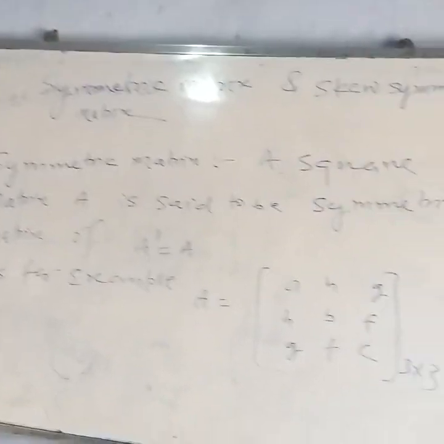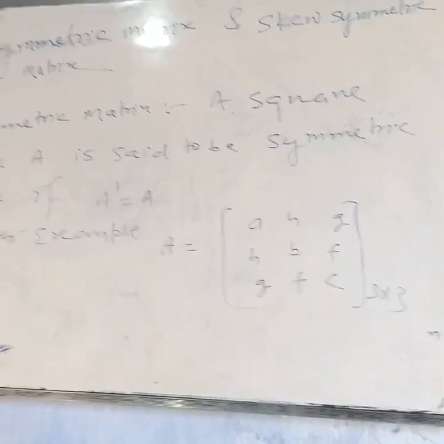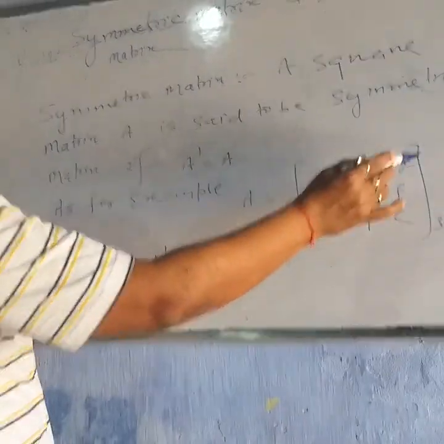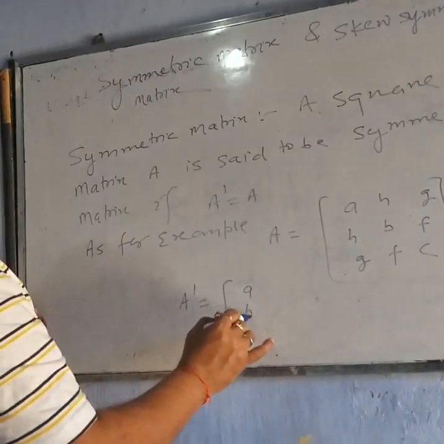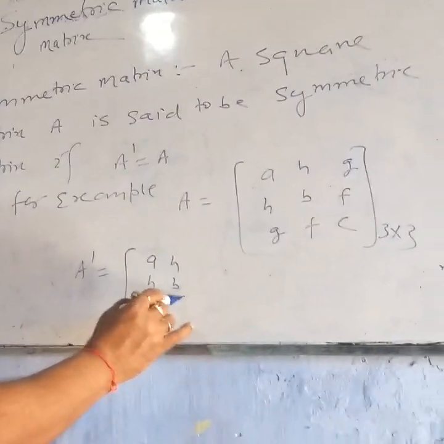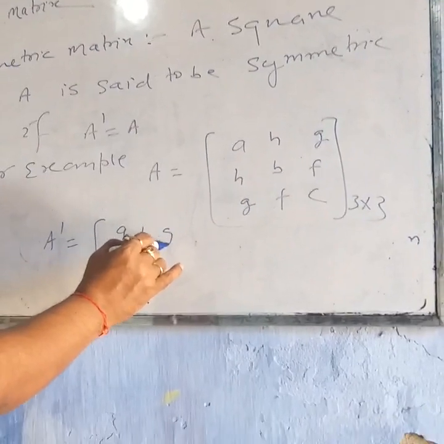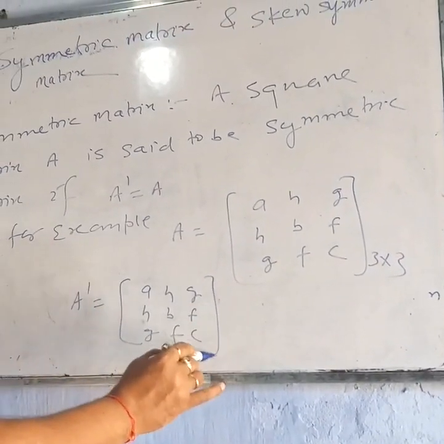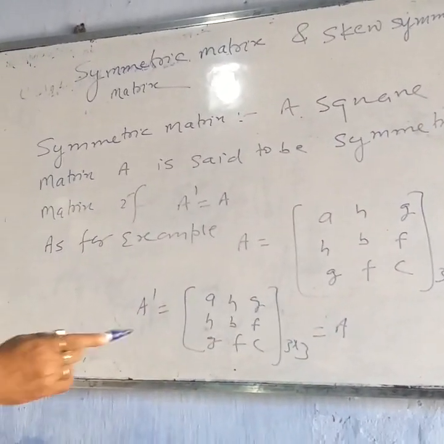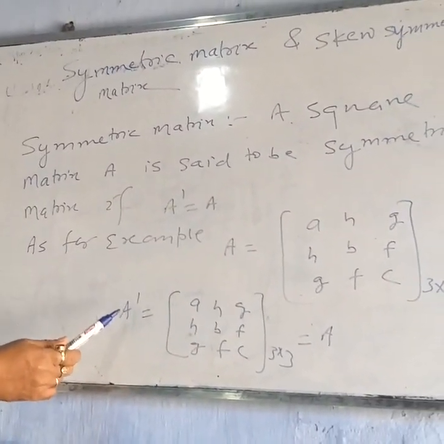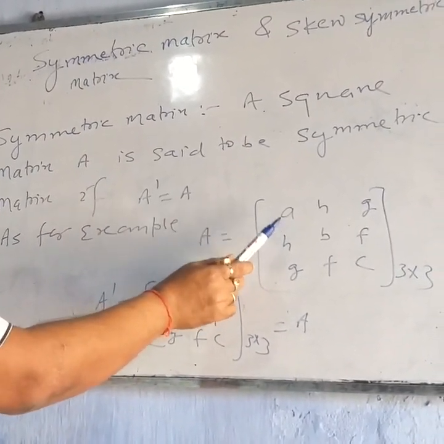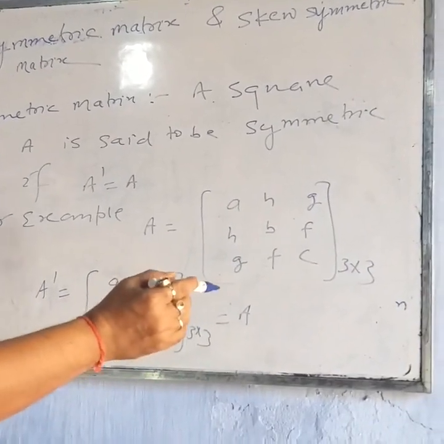If we find the transpose of A, first row into first column, second row into second column, third row into third column, so again it is equal to A. Here we have seen that A transpose is equal to A, therefore this is a symmetric matrix.